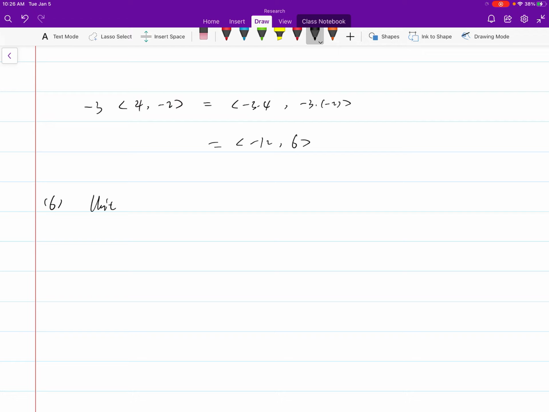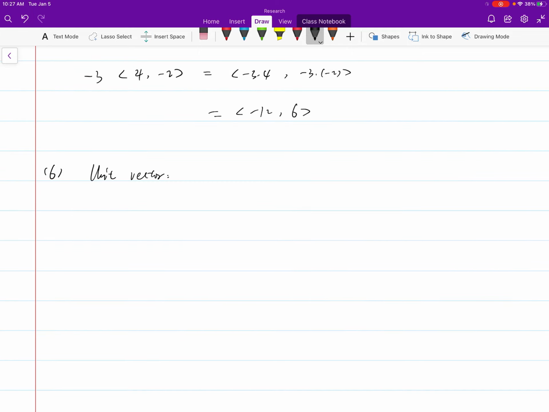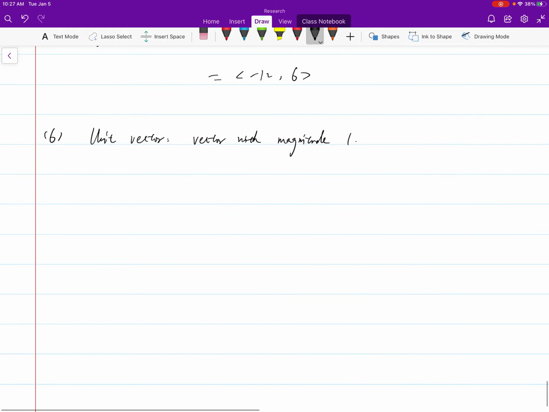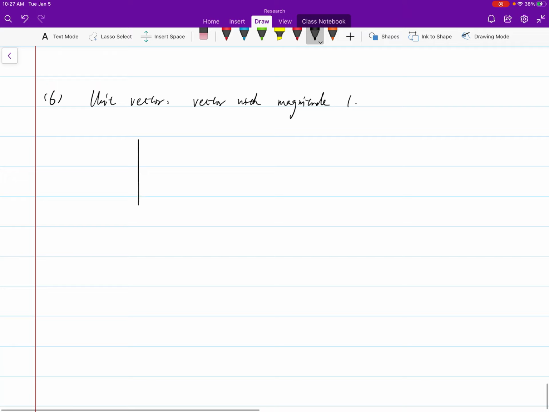Okay. Finally, unit vector. Why do we care about unit vector? Well, number one, unit vector is a vector with length 1, so magnitude 1. Think about it.